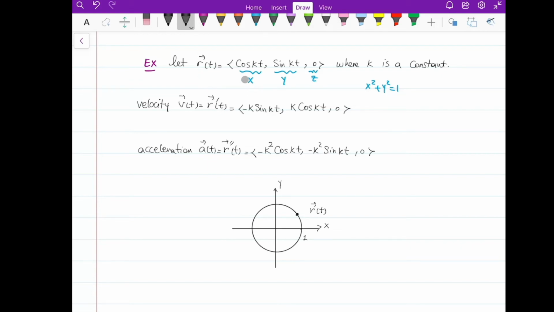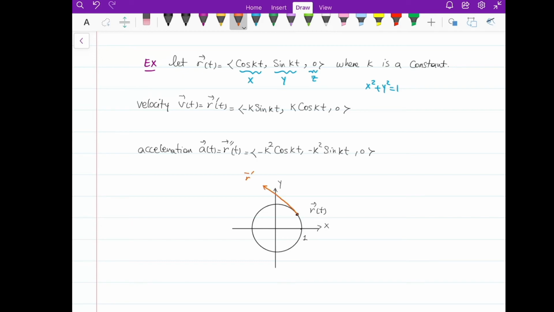Why? I get cosine of kt times sine of kt with a negative k, plus sine of kt times cosine of kt with a positive k. So the negative k and positive k cancel out. I get 0, which means that r of t and r prime of t are perpendicular to each other.